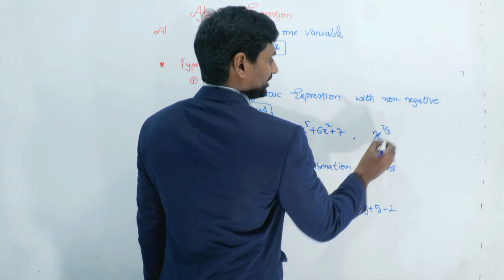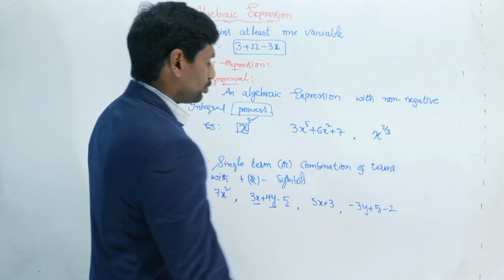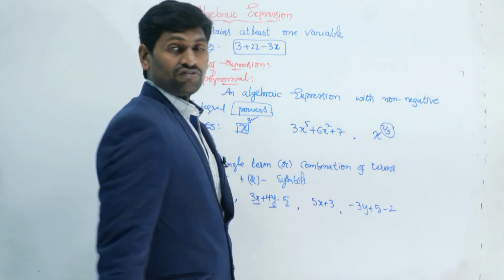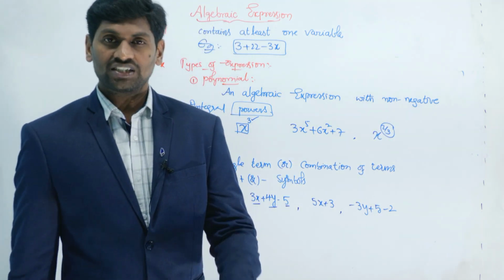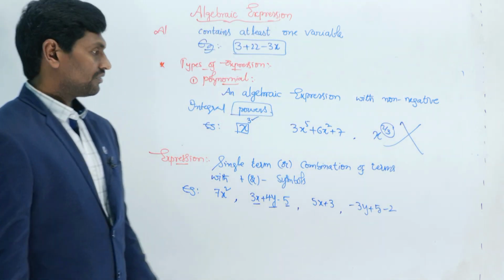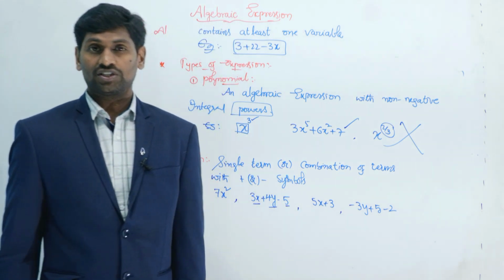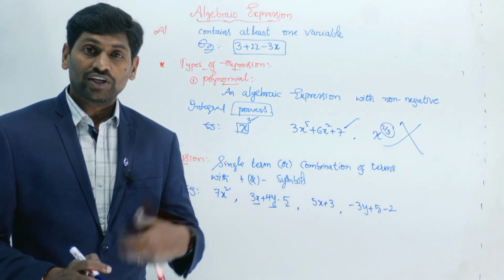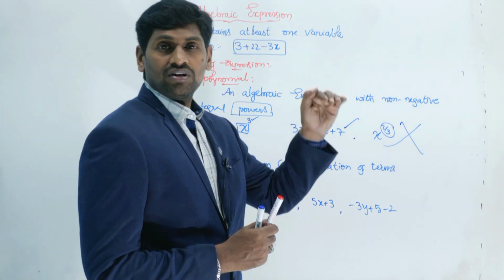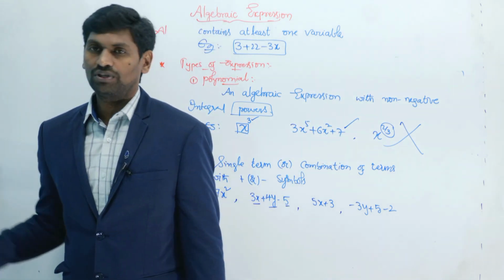Now x power 2 by 3: 2 by 3 is not an integer. It is in the form p by q, so it is a rational number. So it is not a polynomial. The first one is a polynomial, the second one is also a polynomial, but the third one is not a polynomial, because according to the definition it should have non-negative integers as exponents, that is, powers.